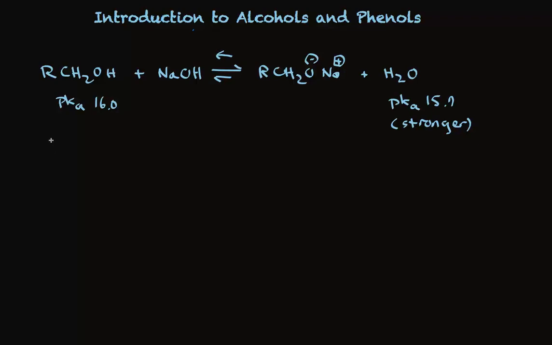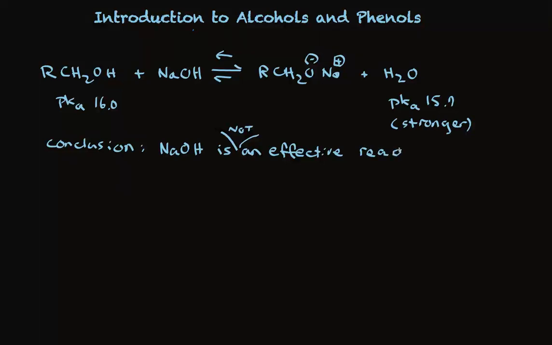Conclusion is using NaOH is a poor way, not an effective reagent, to make alkoxides.